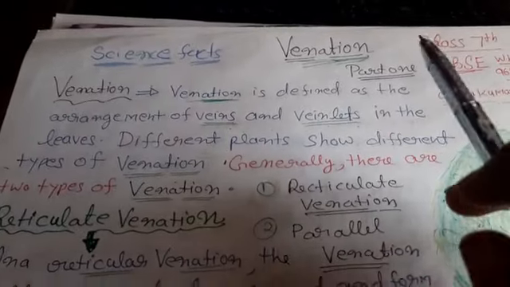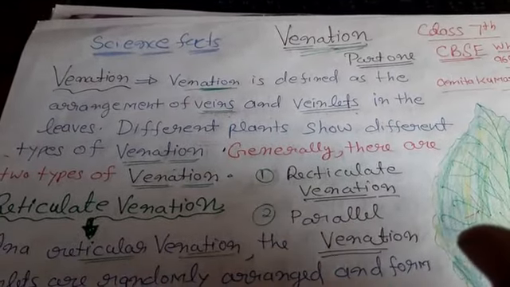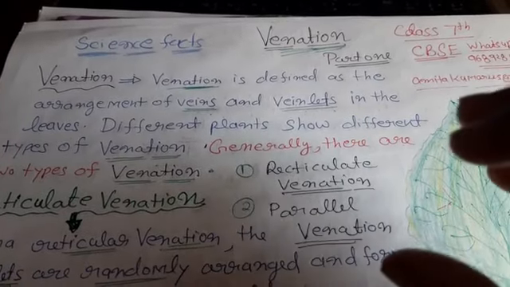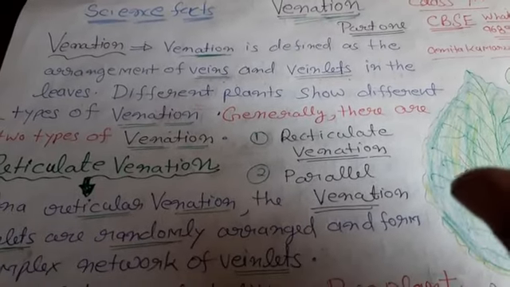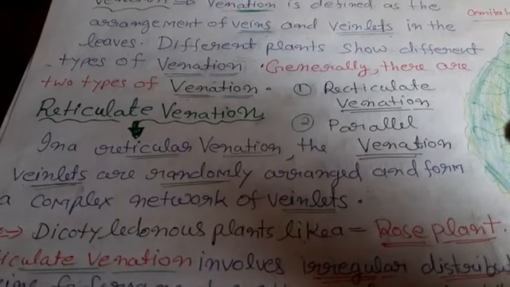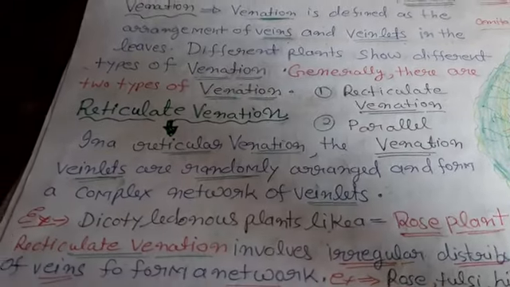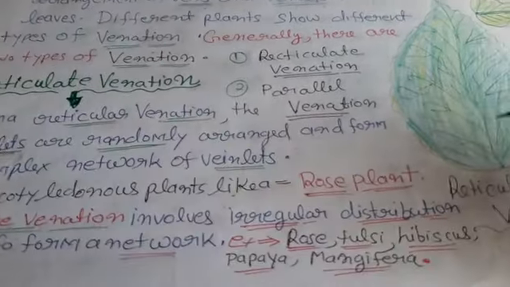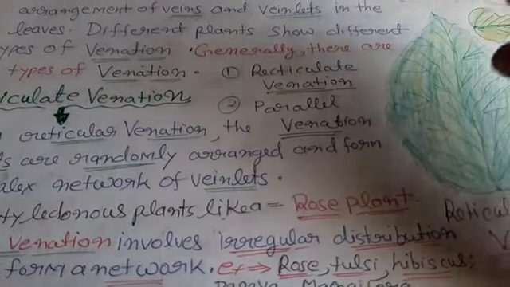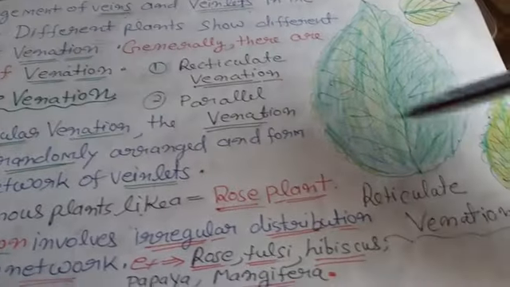Venation is defined as the arrangement of veins and veinlets, and reticulate venation is the irregular arrangement of veinlets on the leaf surface.